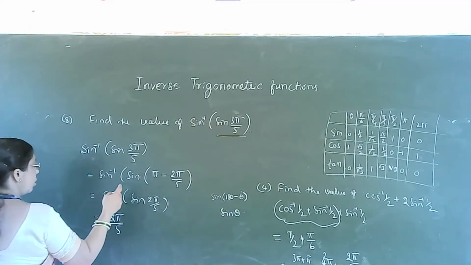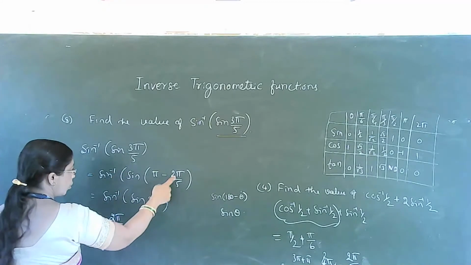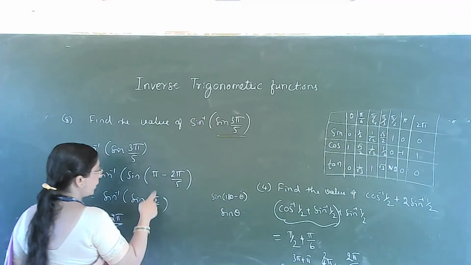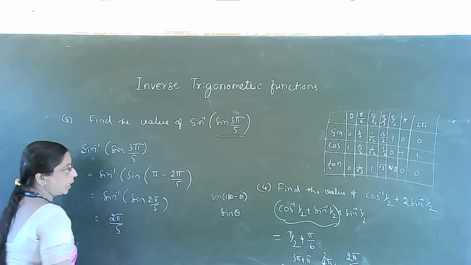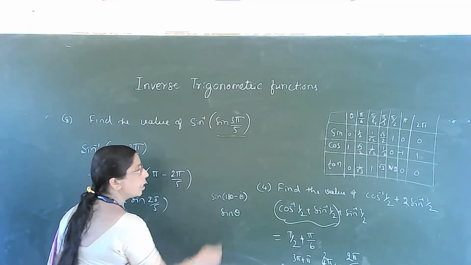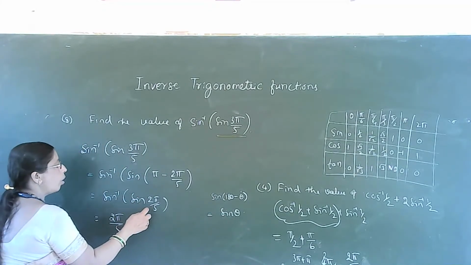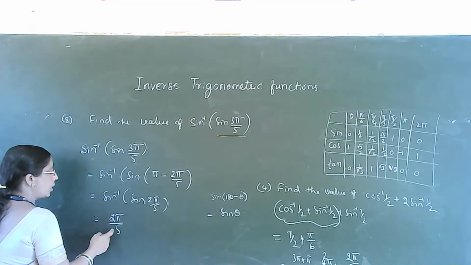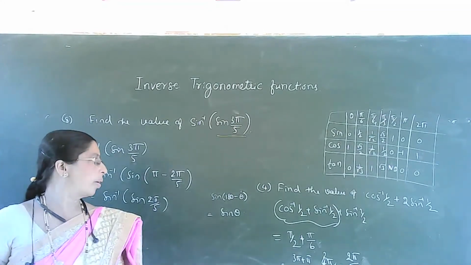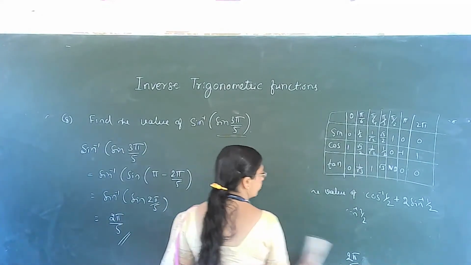Therefore, pi minus 2 pi by 5 gives 3 pi by 5, so sin of 2 pi by 5. Sin of 180 minus theta is sin theta, and in the second quadrant it is positive. Therefore sin cancels, and it is equal to 2 pi by 5. Here is one more problem I will discuss.